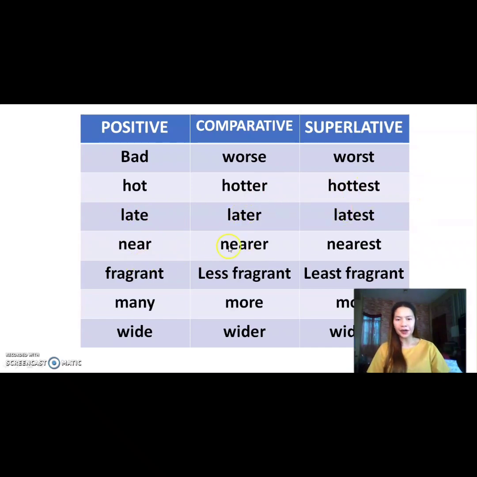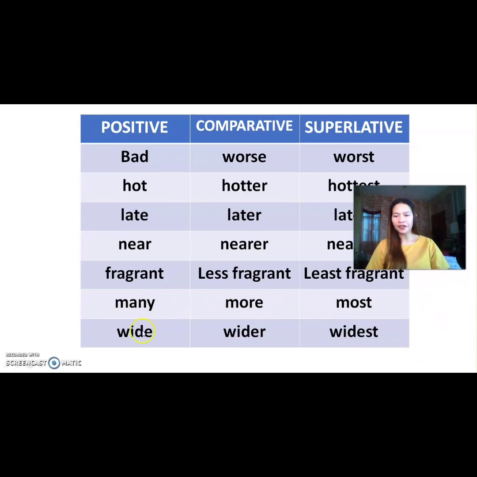Near, nearer, nearest. Fragrant, less fragrant, and least fragrant. Many, more, most. And the last one, wide, wider, and widest. So as you can see here, all the rules were applied.